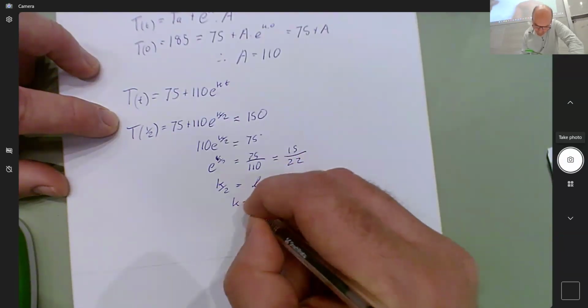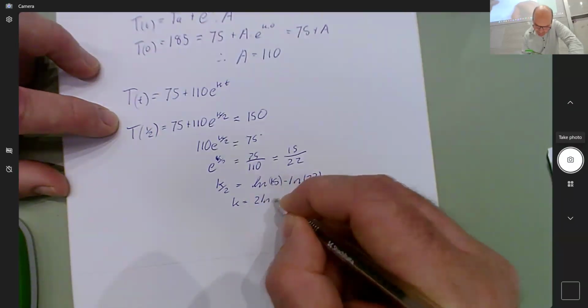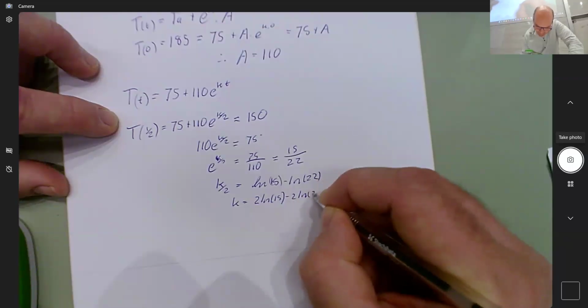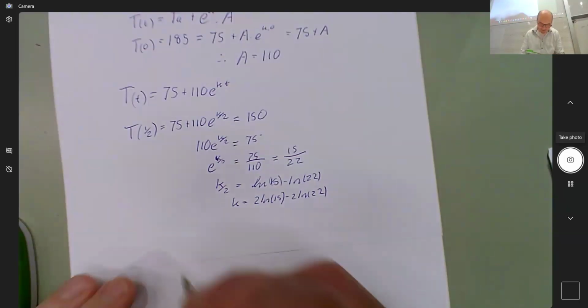So k is equal to 2 ln of 15 minus 2 ln of 22. All right. This is where it's going to cause me some problems, but I'm going to work with it anyway.